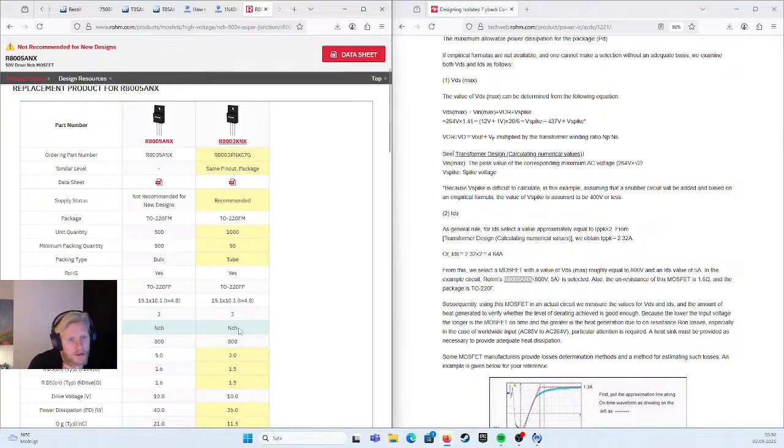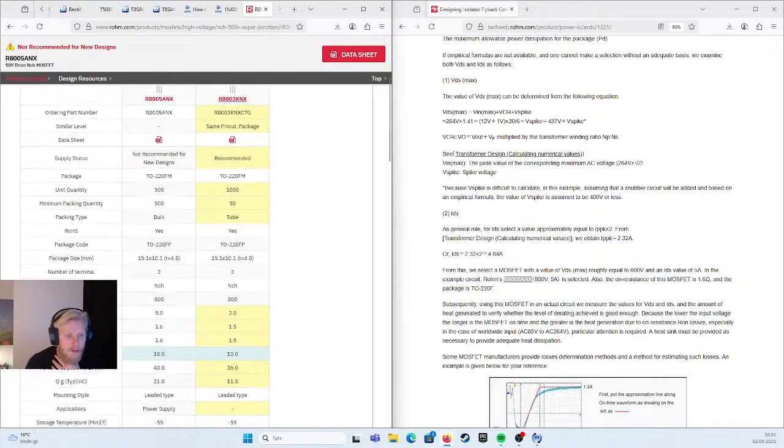So it's an N-channel MOSFET with a maximum drain to source voltage of 800 volts. Drain current is 3 amps.